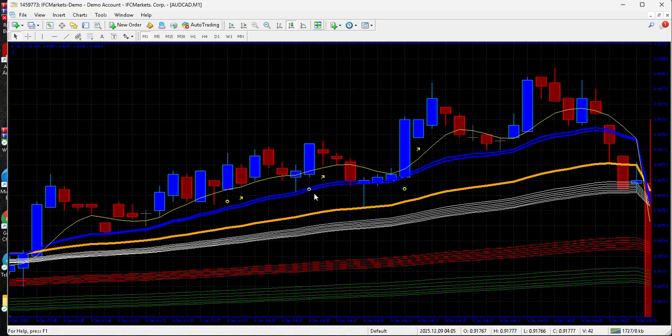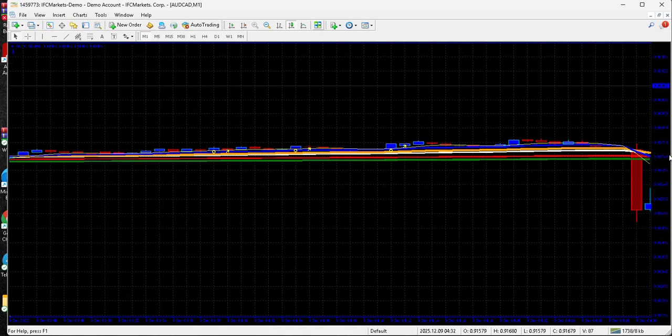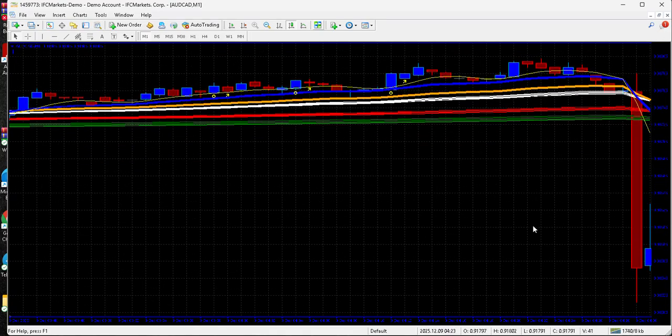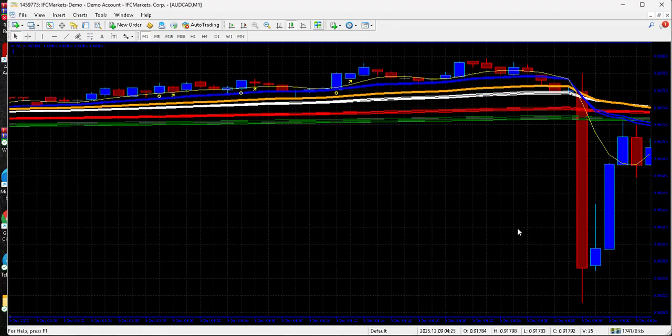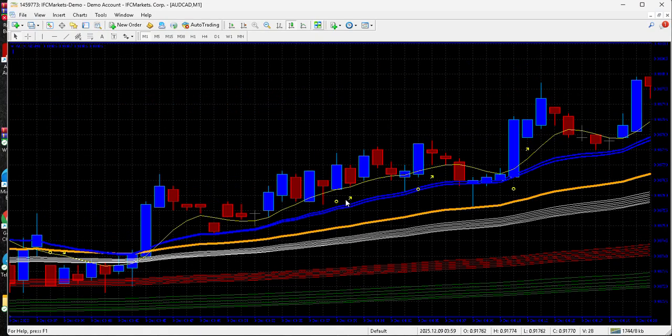But if you're just using the signals, and this is a clear move up, okay? And then let's go 1, 2, 3, 4, 5. Another loss. That sucks. What happened here? What's going on? Because there was a big dive there. So right here, this sucks. It was 3 losses.